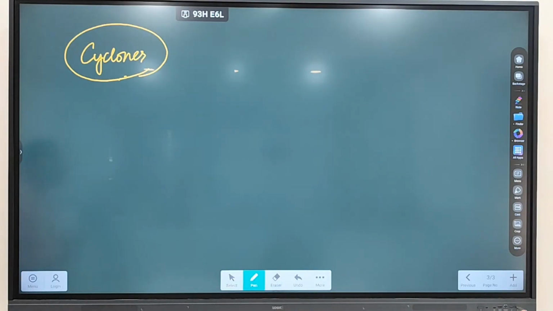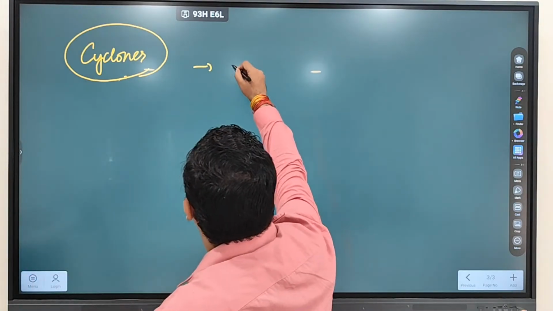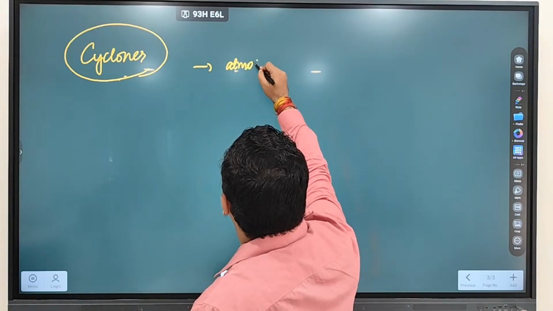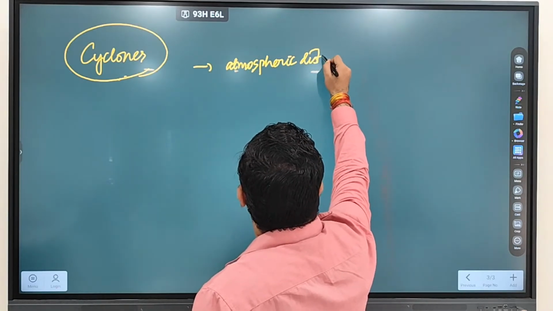These are basically atmospheric disturbances. So cyclones are defined as which type of disturbances?